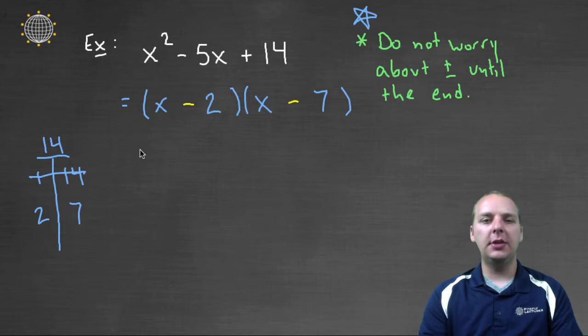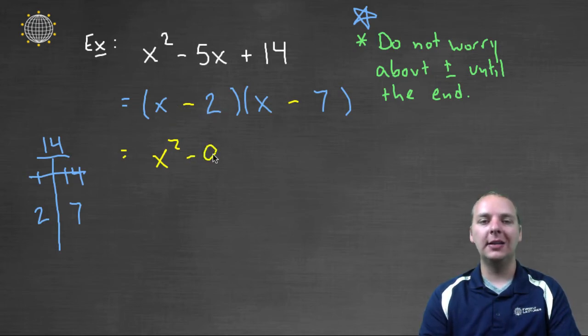But then let me just double check that real quick. X times x would give me x squared. Minus 7x minus 2x would give me minus 9x. I'm sorry, I misspoke. And then negative 2 times negative 7 gives me 14.